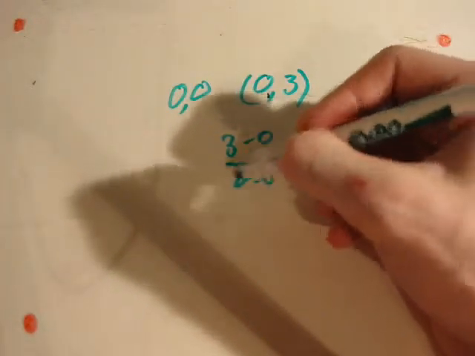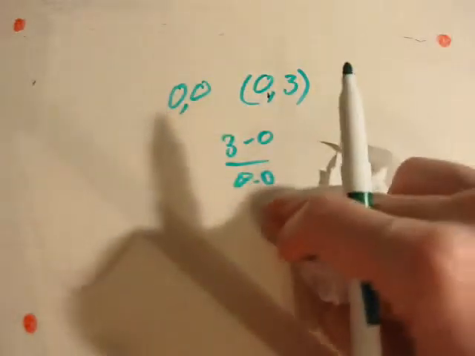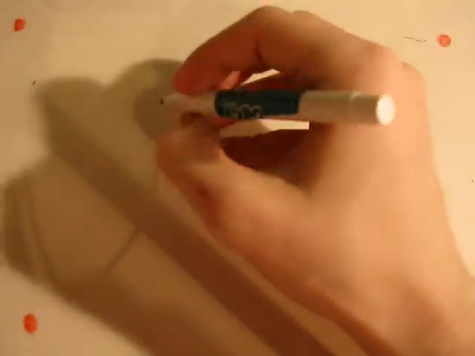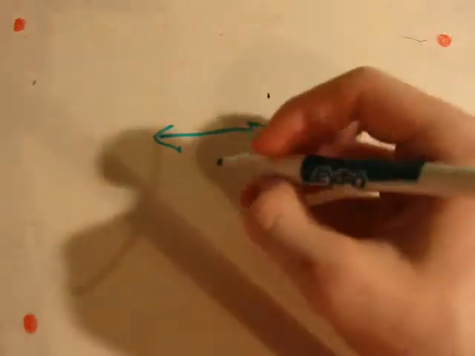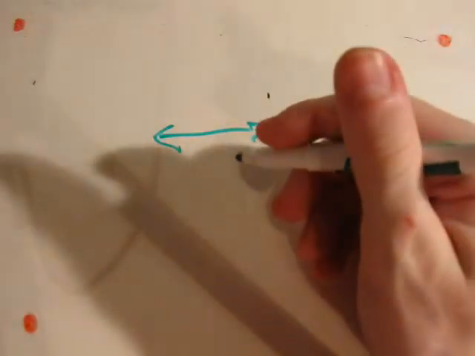There's no change in the x, so it's no slope. It's an undefined number because it's subtracting itself to 0, and you can't have 0 in the denominator. Since there's no change to the y for a horizontal, the slope doesn't change at all.